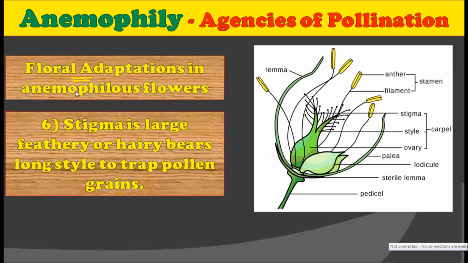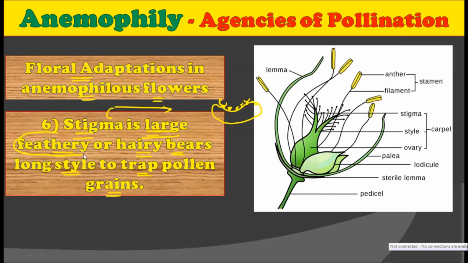The next adaptation in the anemophilous flower is that their stigma is large, feathery, or hairy, and bears long styles to trap the pollen grains. Again, all these adaptations are very natural because the stigma should be large in size. Because the larger the stigma, the larger will be the chances that there will be landing of the pollen grains.